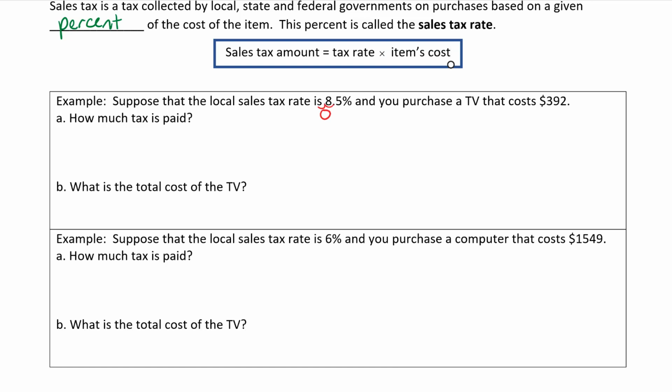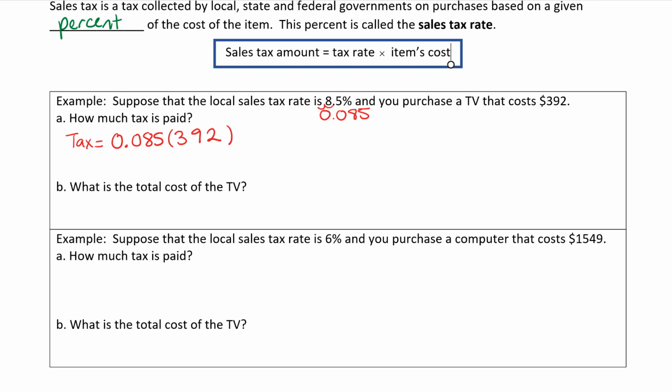So I'm going to move that over 2 places. So that's going to be 0.085. When I'm trying to find the tax, the sales tax is going to be the sales tax rate in decimal, which is 0.085. And I'm going to multiply that by the cost of the item. So that's $392.